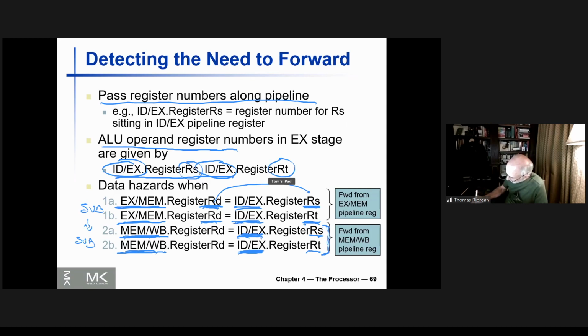So that's what he's using here. Again, always comparing against RD from the proper stage. So make sure you understand this notion. The good news is it doesn't get any harder than this.